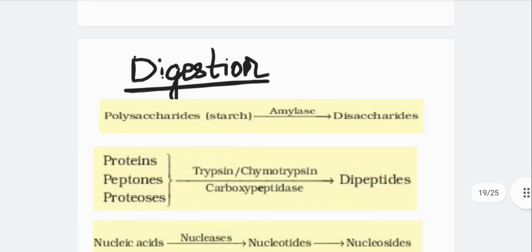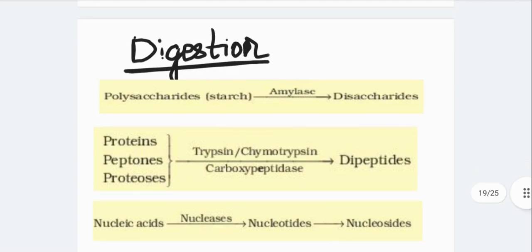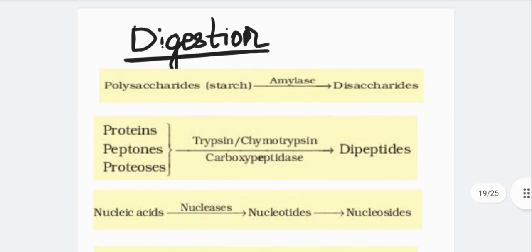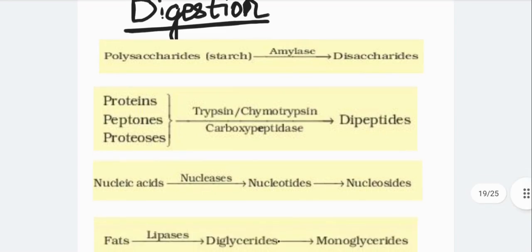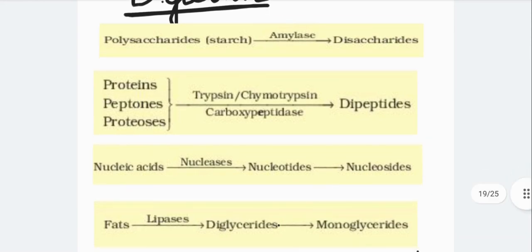As we said, food digestion starts from the mouth itself. Salivary amylase is secreted, which breaks down polysaccharides into disaccharides. Amylase is also secreted by the pancreas. Proteins, peptones and proteoses are digested by trypsin, chymotrypsin, carboxypeptidase.